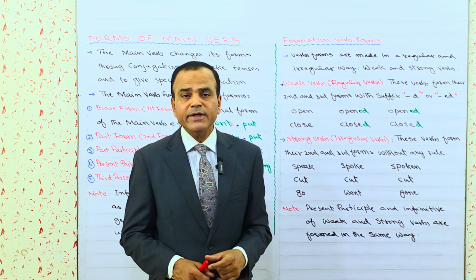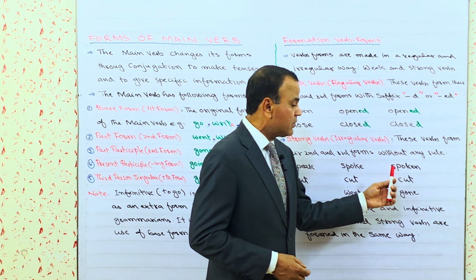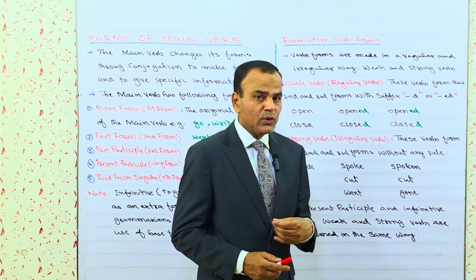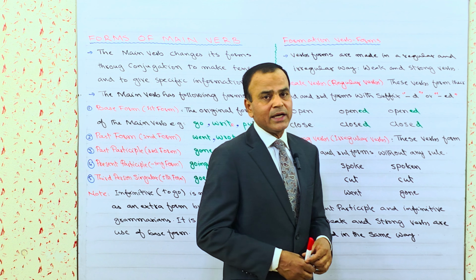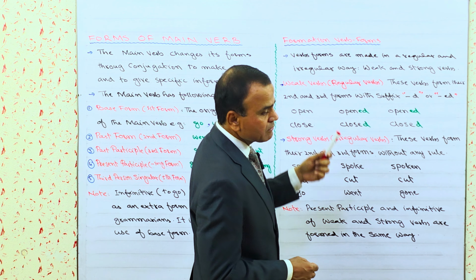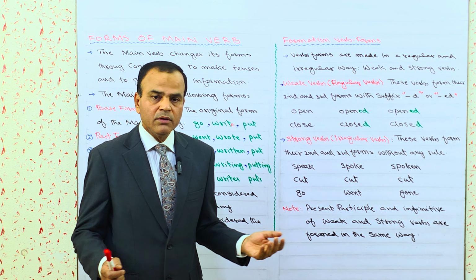You will not be able to understand whether the verb cut is first form, second form, or third form unless it is used in a sentence, or you can understand that from the context. But if I write cut all alone here and ask you what form of verb it is, you can't say.